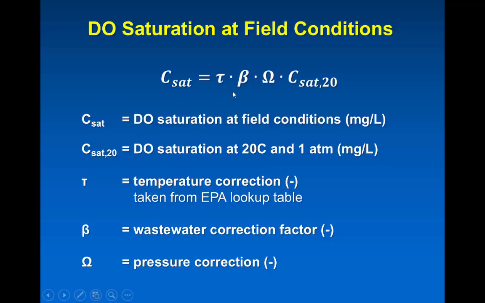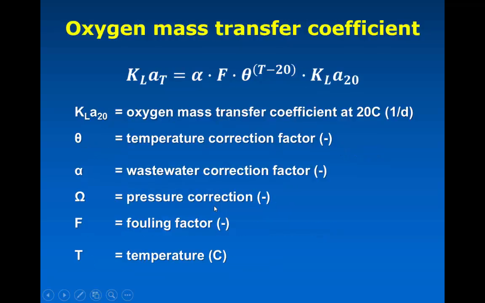Then we correct for temperature, we correct for beta, this is your sort of salts and other things that are in the wastewater, and then alpha, of course, and this is delta here, which is the pressure correction, and that is for correcting for depth within the tank, but also the barometric pressure, so that is affected by the elevation above sea level, and that's where that parameter comes into effect here as well. So we're looking at temperature correction, and we take this number basically from a lookup table. It's not a mathematical relationship as much as an interpolation off of clean water data that we got from the EPA design manual.